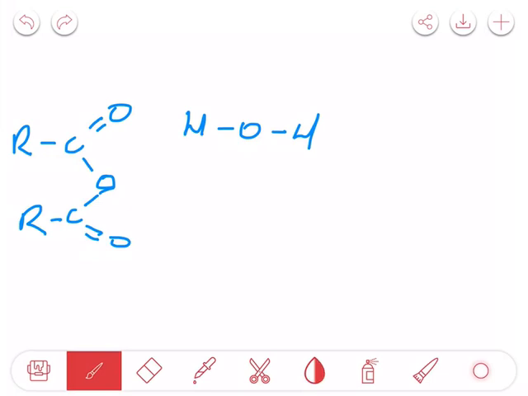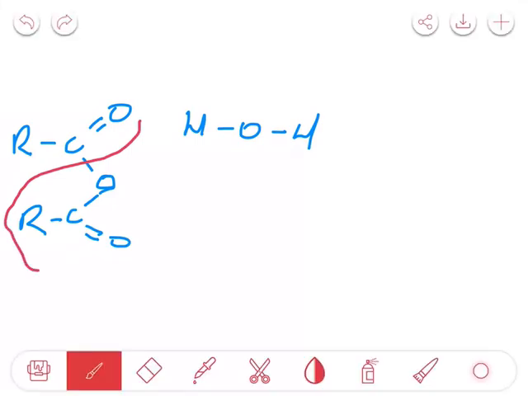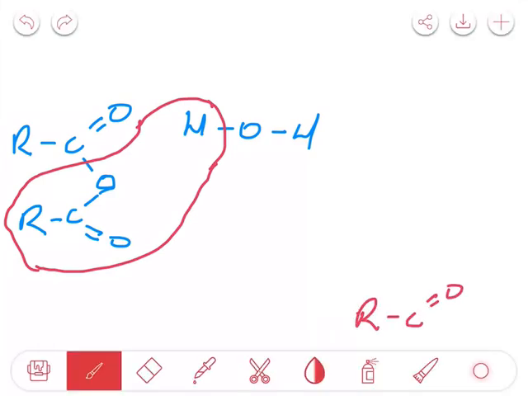Okay, so just going to change colour pens. And again, we follow that same rule. We cut between the carbonyl and the rest of the molecule. We take that off here, which I hope you can see, when I do those, in the red circle, I've got my RCOOH.